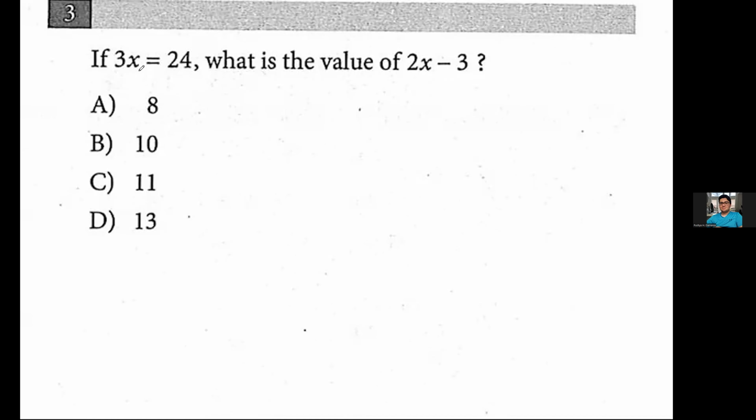So we just have to find out the value of x and then substitute. 3x equals 24, so x equals 24 divided by 3, which is 8. 2 times 8 minus 3 is 16 minus 3, which is 13. So the correct answer is answer choice D.